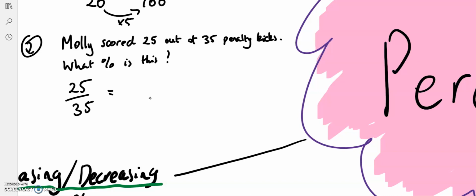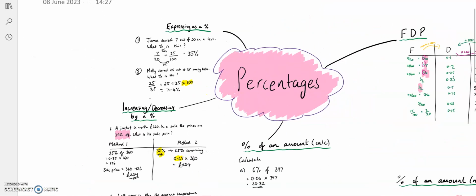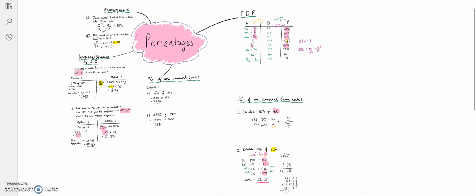This fraction, we can just do the division: 25 divided by 35, and then we're just going to multiply it by 100, because remember percent means out of 100, so we just need to scale up to get the percent. So 25 divided by 35 times 100, and I'm going to round it to one decimal place, 71.4%.